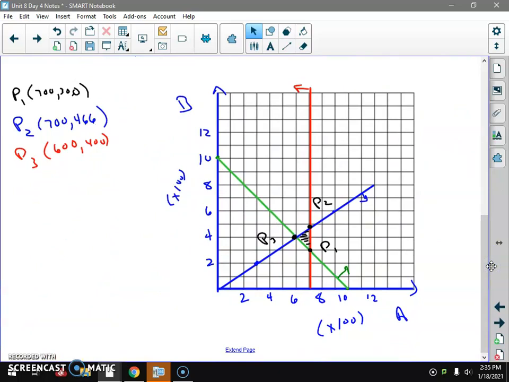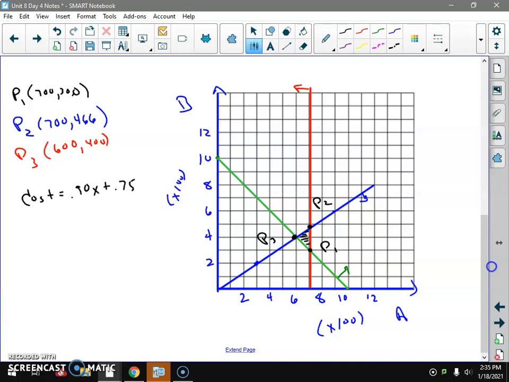So cost equals 90 cents a gallon for A, 75 cents a gallon for B. So point 1 is 0.9 times 700 plus 0.75 times 300, and that money is $855.